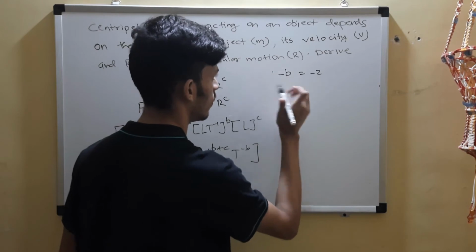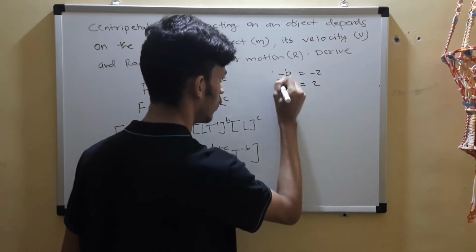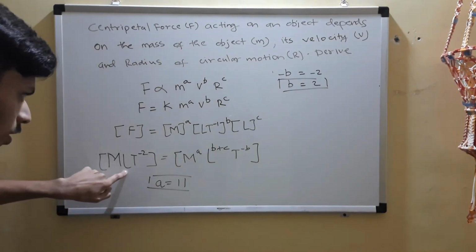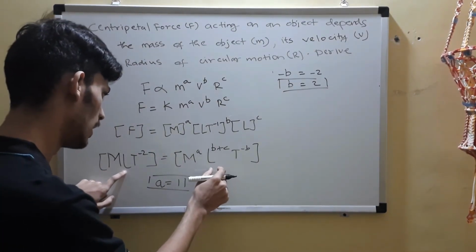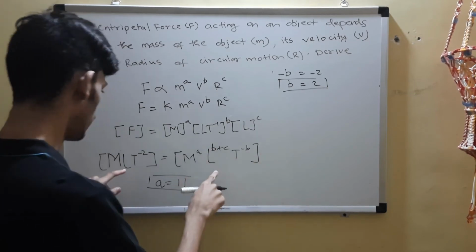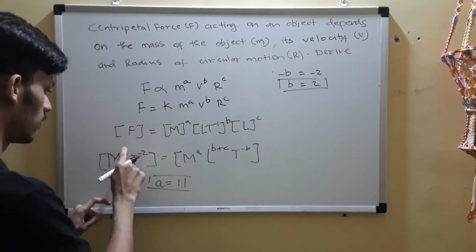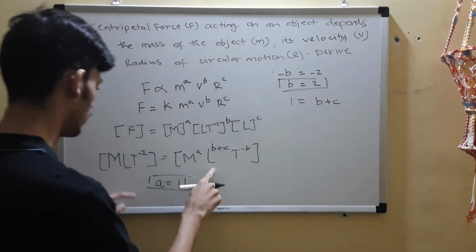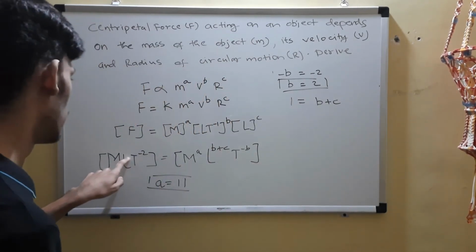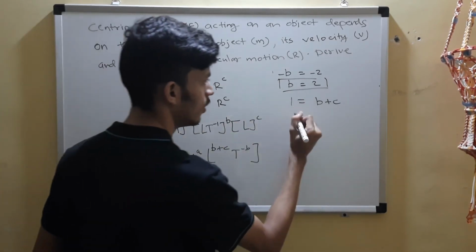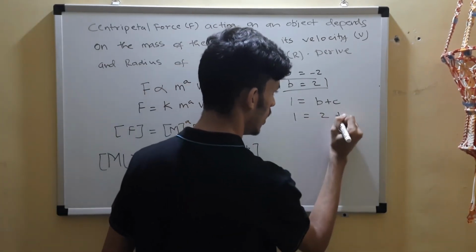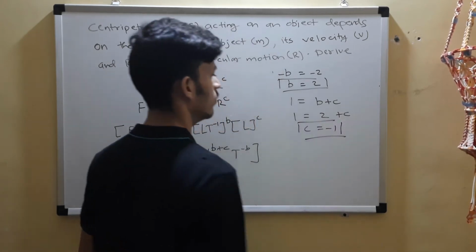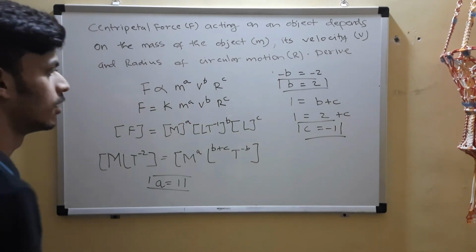Good. Now let's go for L: b plus c equals 1. The base is the same, equate the powers. We have the value of b as 2, and c we need to find. You solve this and you get c is minus 1.